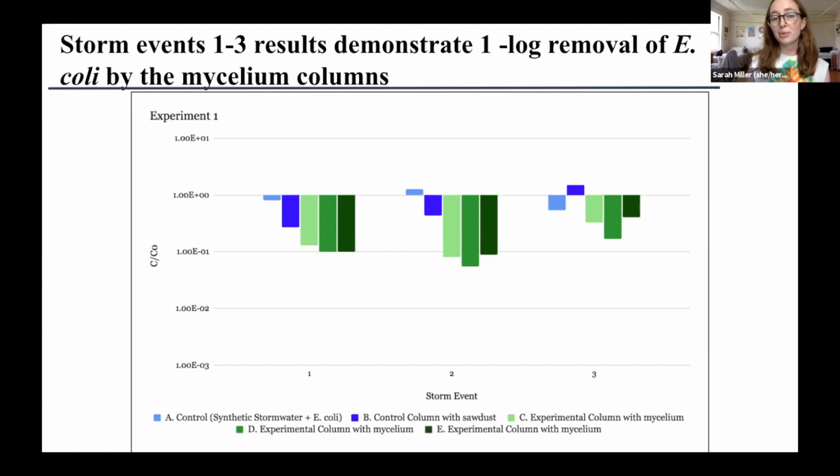And this is really what we're looking for when we're researching microbial inactivation, because this 1 log of removal indicates that there is a change in the concentration, and that's just a factor of difference between the experimental columns and the controls.